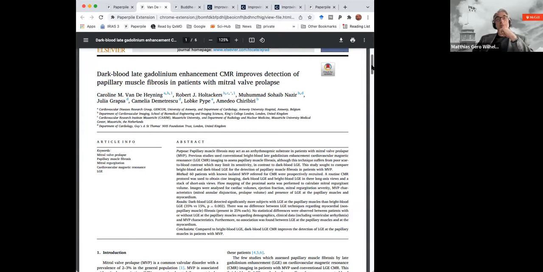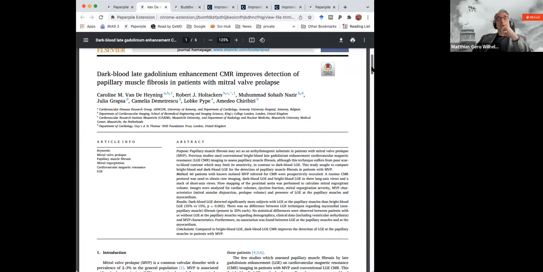So what this group did is they looked at 60 patients with known mitral valve prolapse who were referred for a clinical scan. And then they used standard imaging, including late gadolinium enhancement and a technique called dark blood late gadolinium enhancement in comparison with the standard.